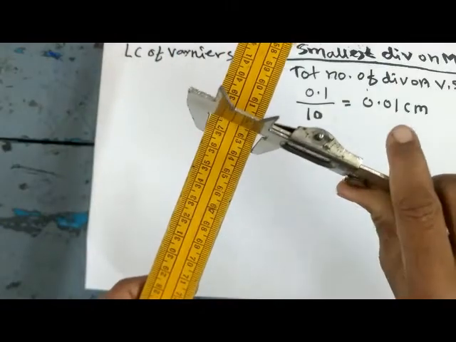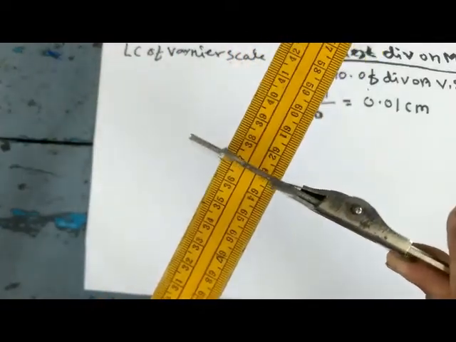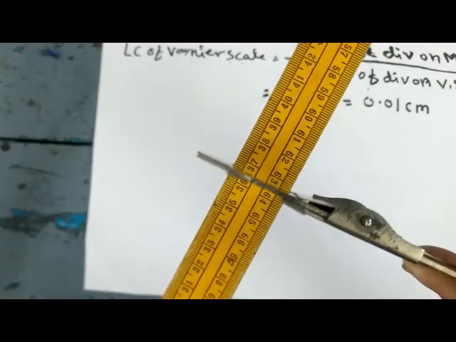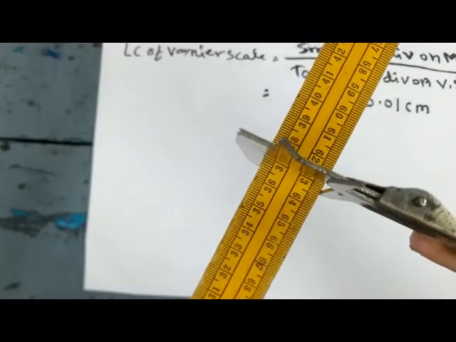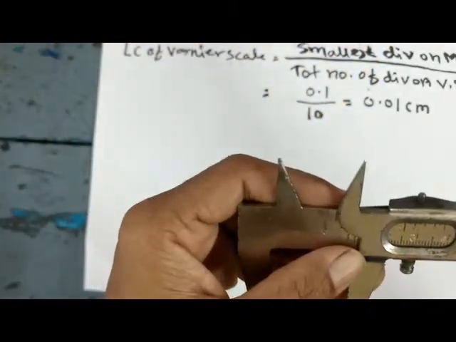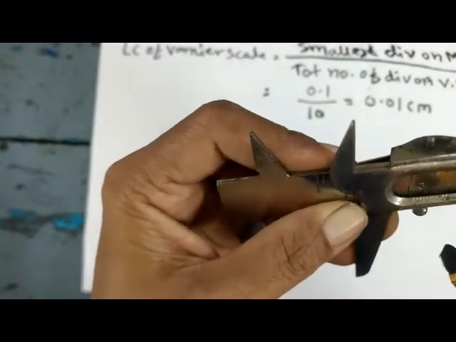Now I will tell you how we can measure using this vernier caliper. Firstly, we read the scale. This is the main scale reading.